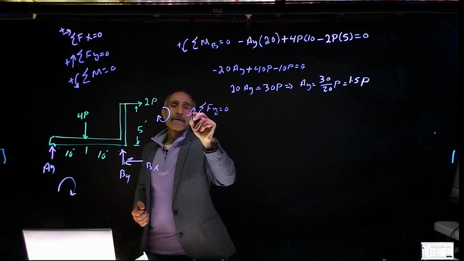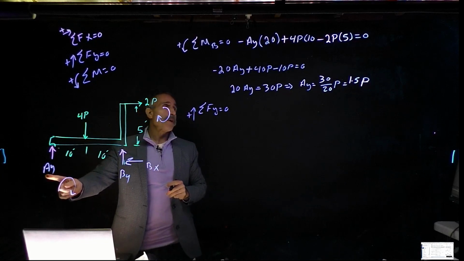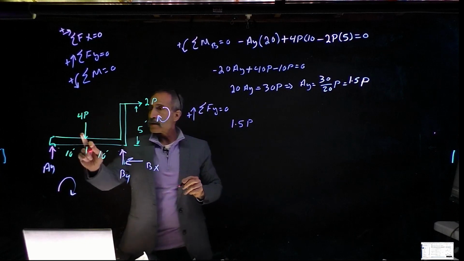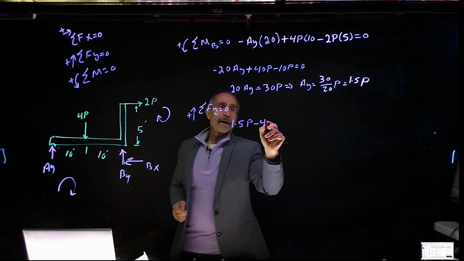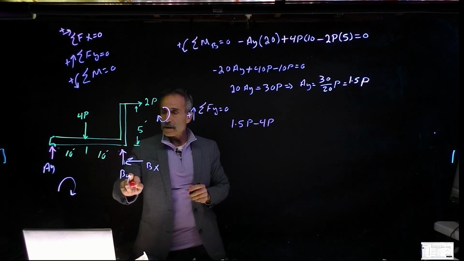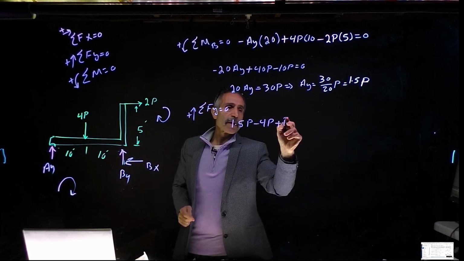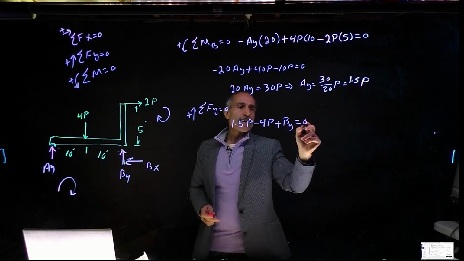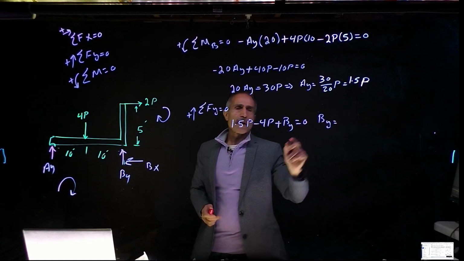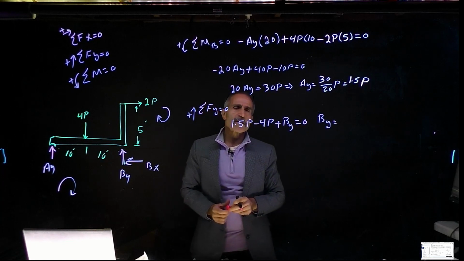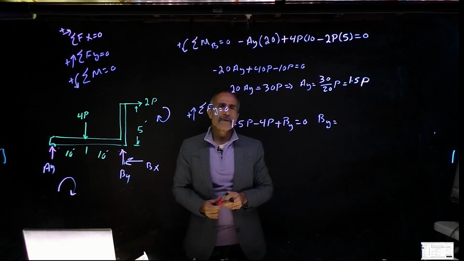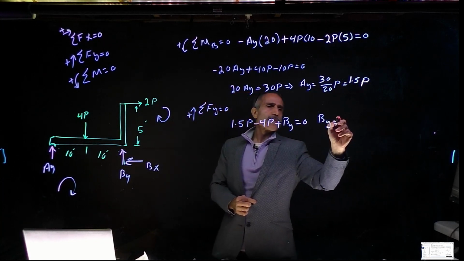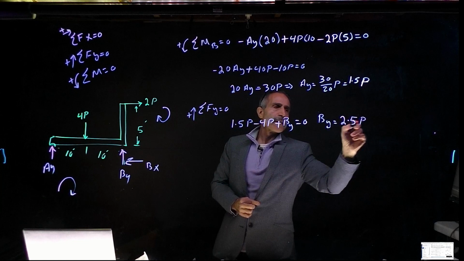Going up is positive. I have AY came out to 1.5p. And then next I have minus 4p. The next one I have is BY, plus BY, and there's nothing else. So equals 0, and BY comes out to 1.5 minus 4. That makes it 2.5, so BY equals 2.5p.